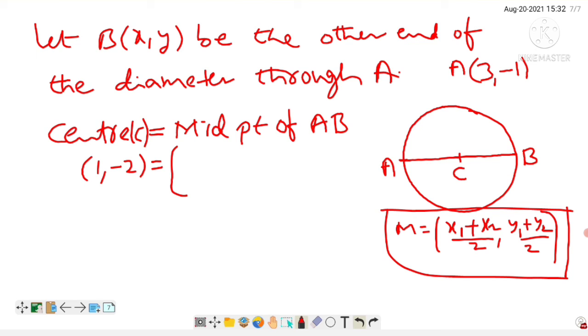So ((3 + x)/2, (-1 + y)/2). Here (3 + x)/2 = 1 and (-1 + y)/2 = -2.